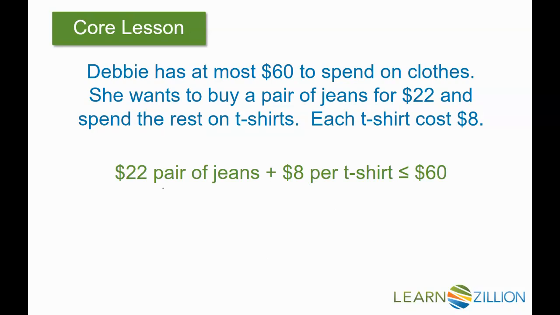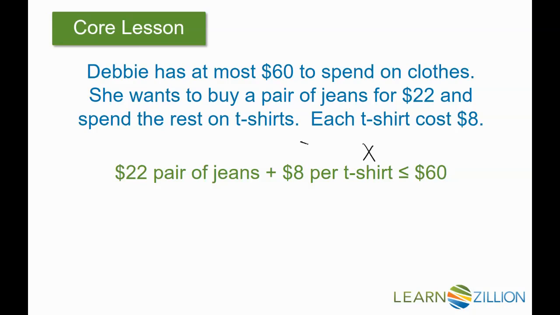So if we know that the pair of jeans is $22 and we know the jeans plus the t-shirts needs to be less than or equal to 60, but we don't know how many t-shirts, right?